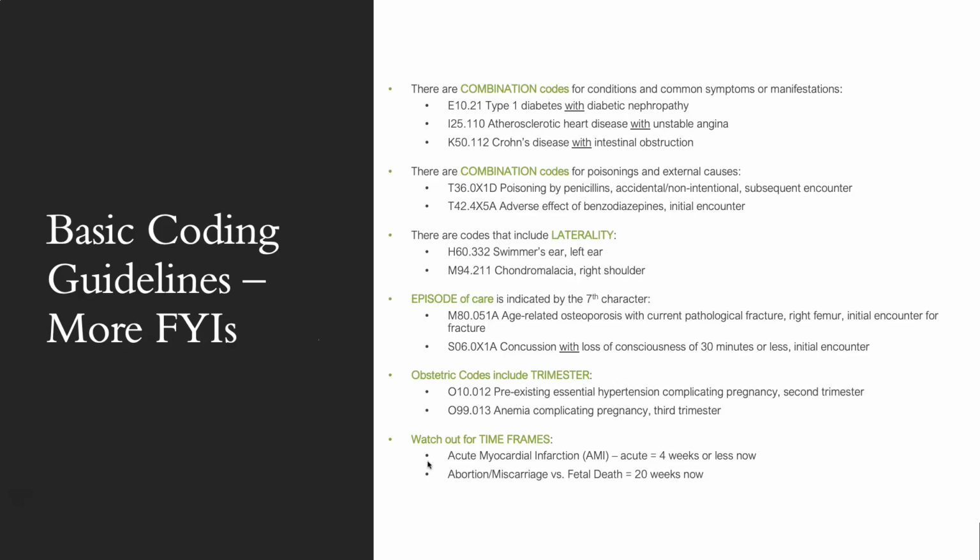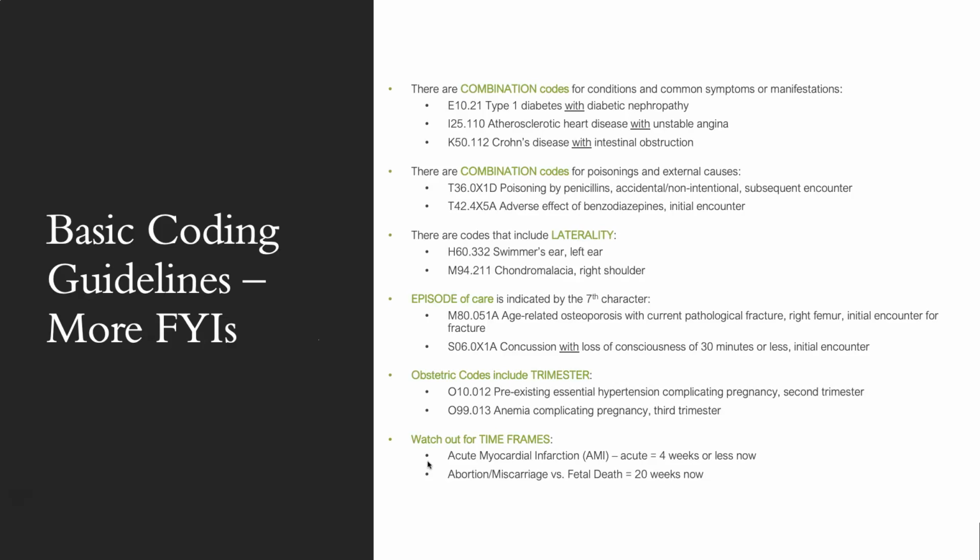Another example, the letter O, 99.013, anemia complicating pregnancy in the 3rd trimester. Watch out for those when you're dealing with obstetric codes. Again, you don't code from the index. You go to the tabular, because those codes will be broken down by trimester. And if you're working for an OBGYN group, you'll want to make sure they are good about documenting which trimester the patient is in, so that you have that when you're ready to code.